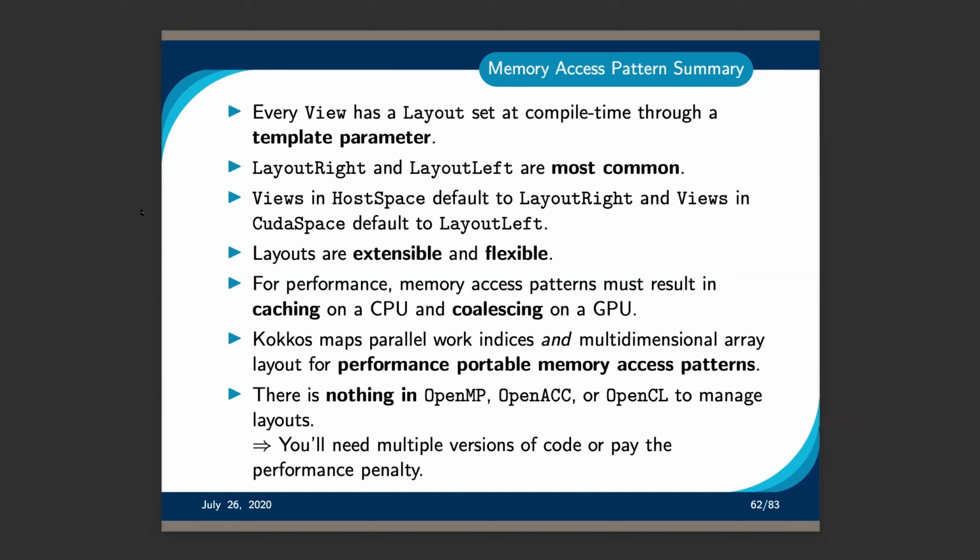And what we do by default is we try to map parallel work indices and the multidimensional array layouts such that you end up with performance portable memory access patterns if you parallelize over the leftmost index, right? There isn't really anything in OpenMP, OpenACC, or OpenCL to do that. To manage these layouts, you probably need to write that by yourself, either through multiple versions, or you write essentially the equivalent of a Kokkos view.